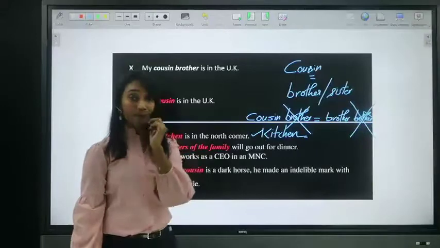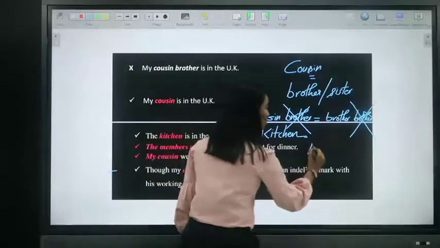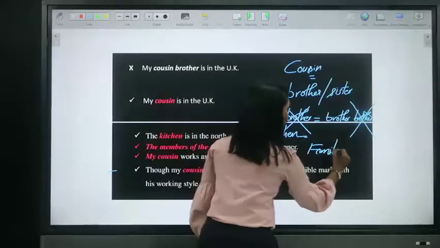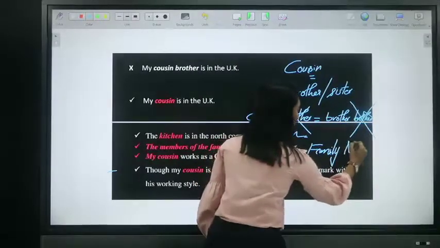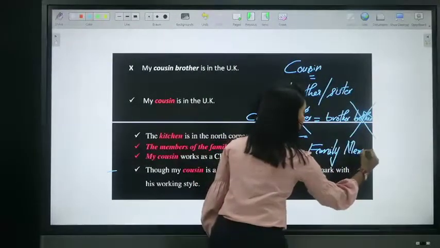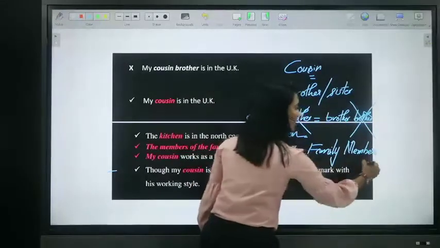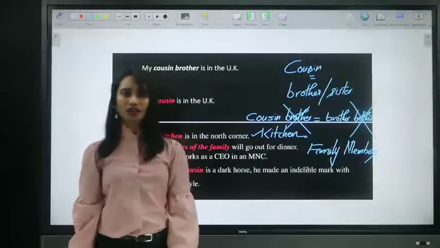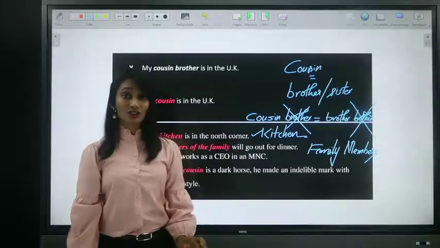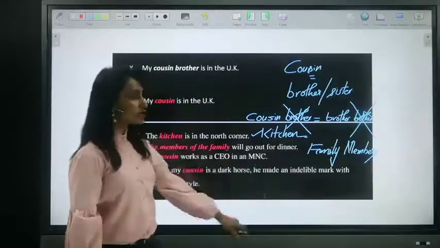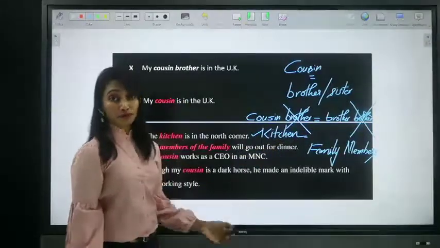And one more thing, we generally use family members, family member or family members. But it is incorrect. In fact, it is informal usage. The formal usage is member of my family.